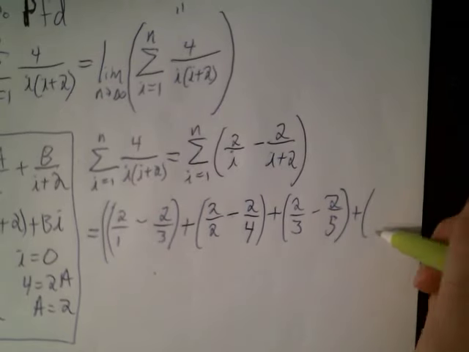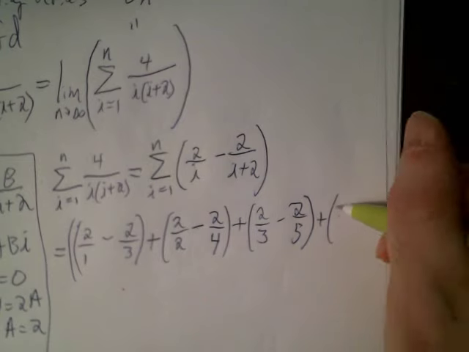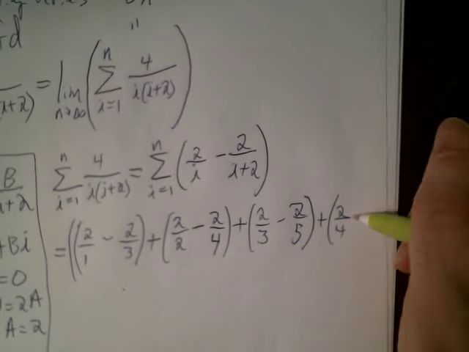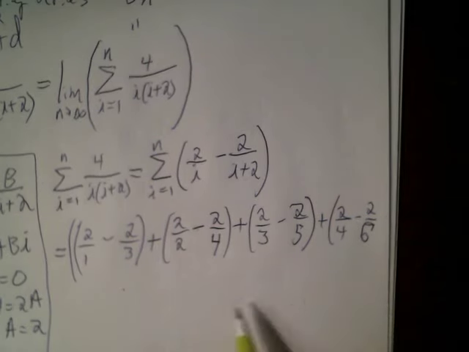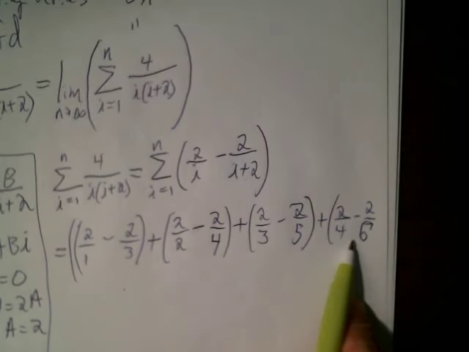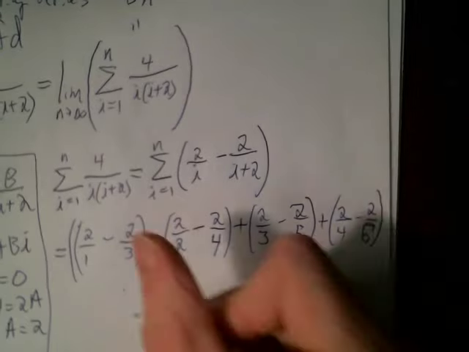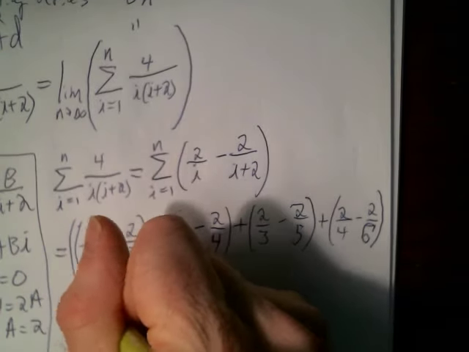Maybe one more term just so we can see what's going on: 2 over 4 minus 2 over 6. This is i equals 1, 2, 3, 4. And then plus dot, dot, dot, plus.